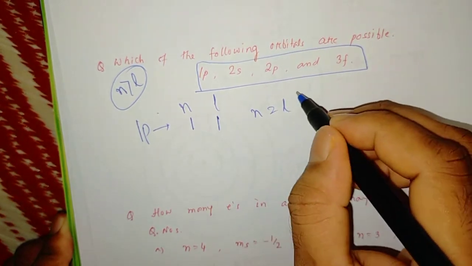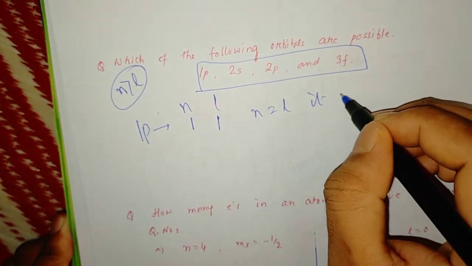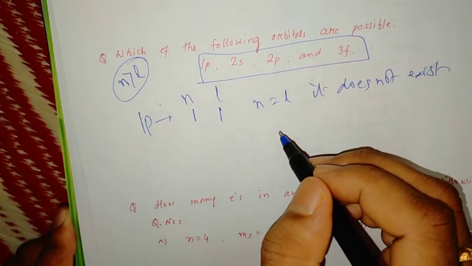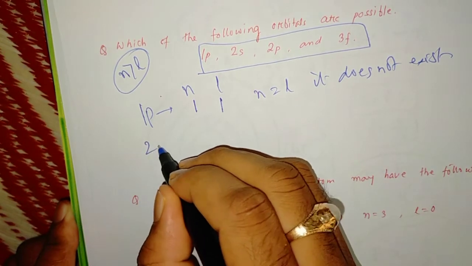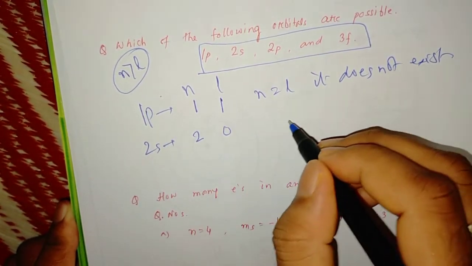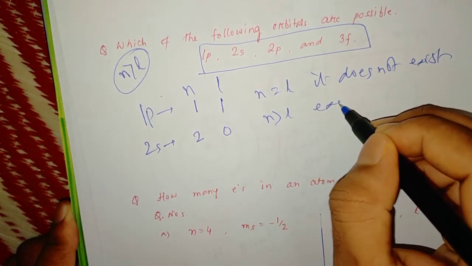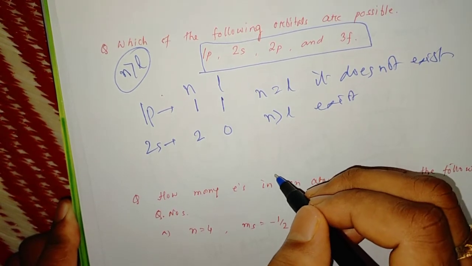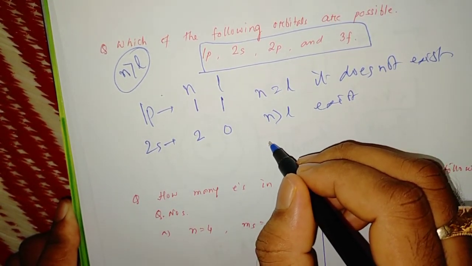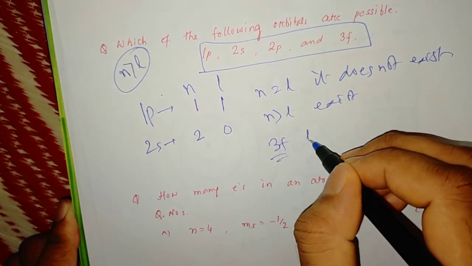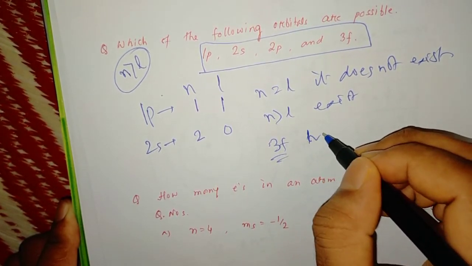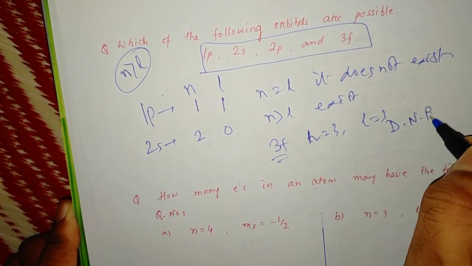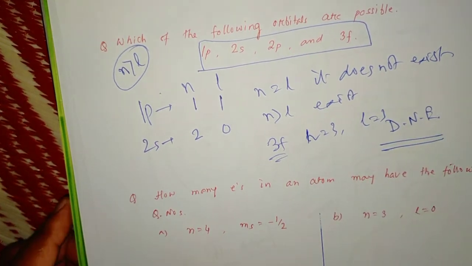Since n equal to l, it does not exist. For example, if you consider 2s, the n value is 2, the l value is 0, n is greater than l, so it exists. Similarly, if you consider 3f, n equal to 3, l equal to 3, it does not exist. So you have to check it like that.